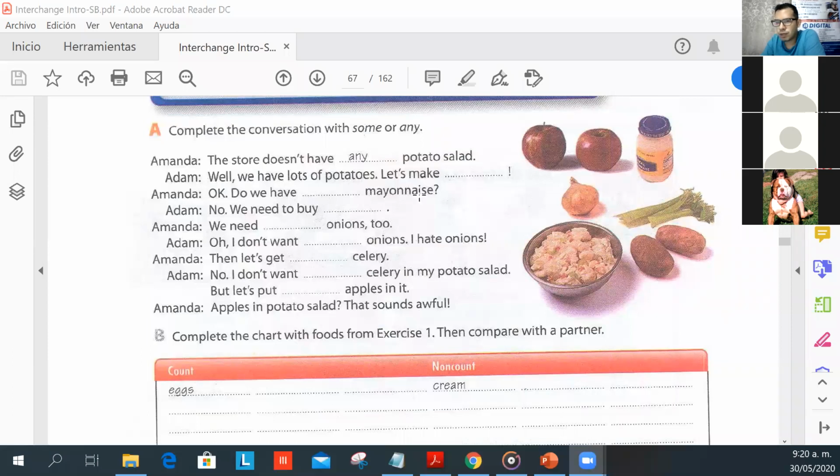Okay, let's start reading. Sara, can you read the first line, please?